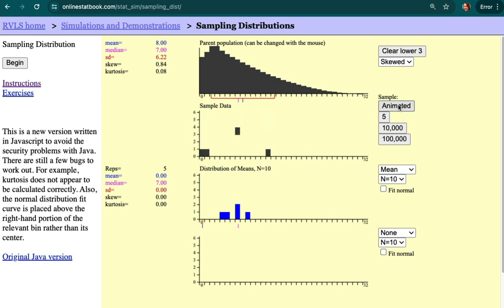So every time I hit animate, we're going to get another sample, and we calculate another sample mean, and we're going to be building on this histogram down here in the blue. The blue histogram is just going to continue to be built on. Every time we take another sample, we get another value of x bar to add to our histogram there.